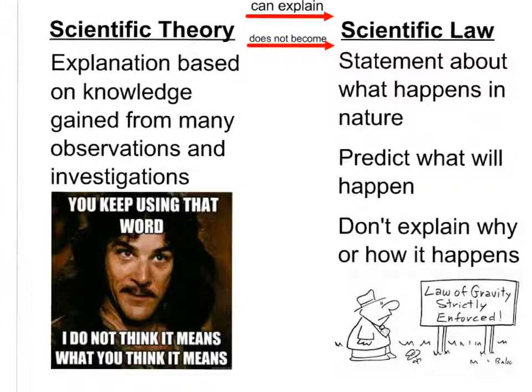Theory is that explanation, the why, the how, and it's based on knowledge and observations. So a scientific theory can explain a scientific law. A scientific theory does not become a scientific law. So that is a big difference between those. Here we see that the law of gravity is strictly enforced.